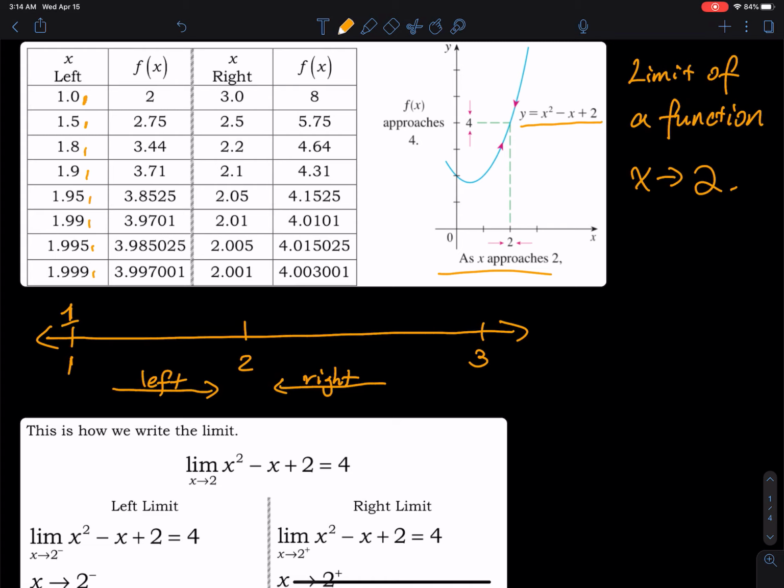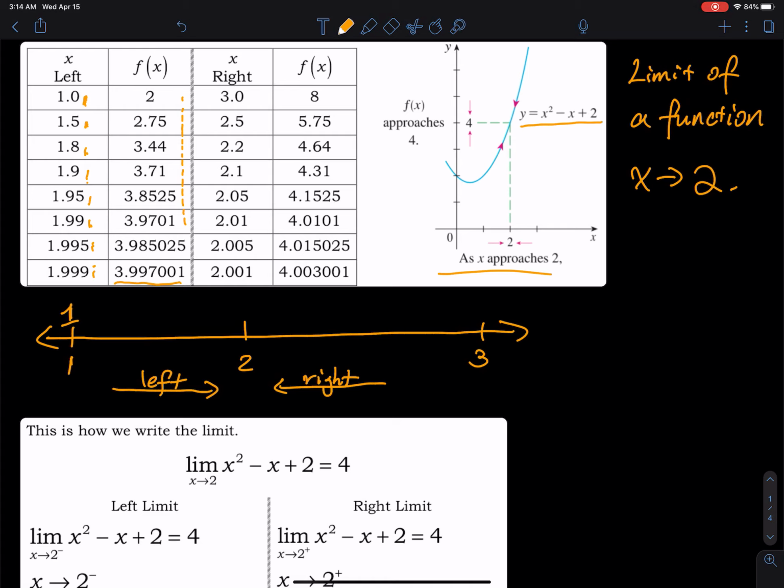So as x approaches 2, one step at a time from the left, what do you see in the y value? What's the pattern? It's very easy. We have 2, 2.75, 3.44, and then as x gets closer and closer to 2, we have this value, 3.997001. That is very close to 4, right?